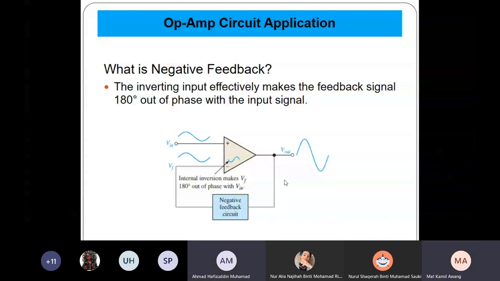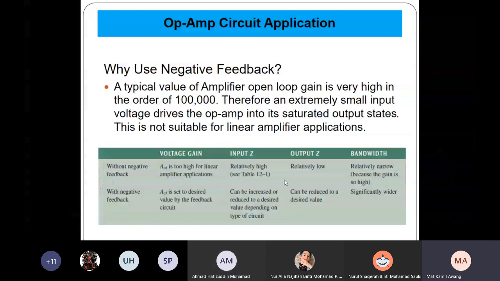So I go further. Why do we use negative feedback? You remember that the typical value of the amplifier open loop gain, AV or AOL, is actually very high, in the order of 100,000 or 1 million. Therefore, an extremely small input voltage will drive the op-amp into its saturated output state.